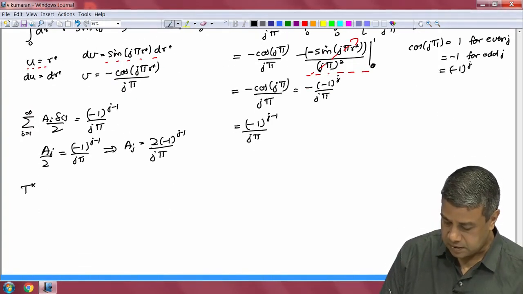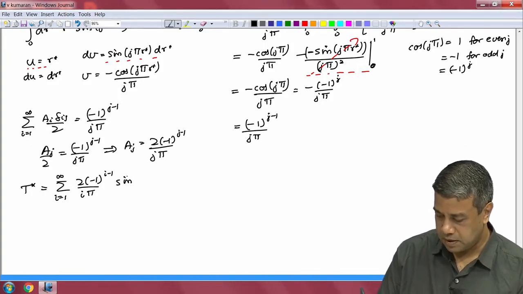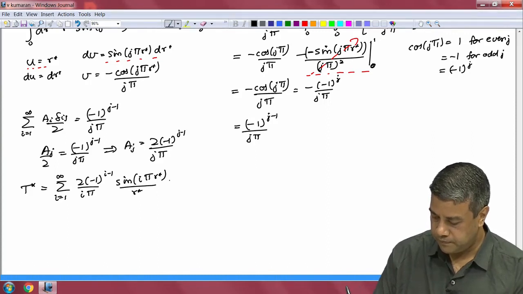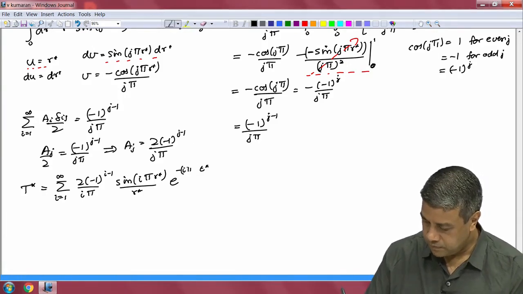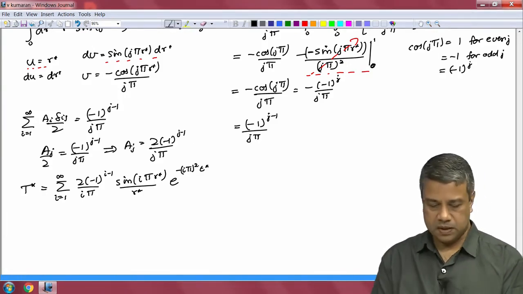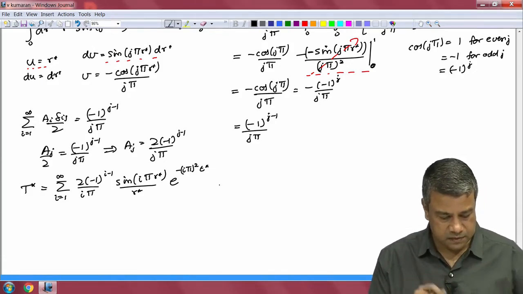So, finally, the temperature T star is equal to the sum of terms involving sine of i pi r by R. That is the final solution for the temperature field for unsteady conduction from a sphere.